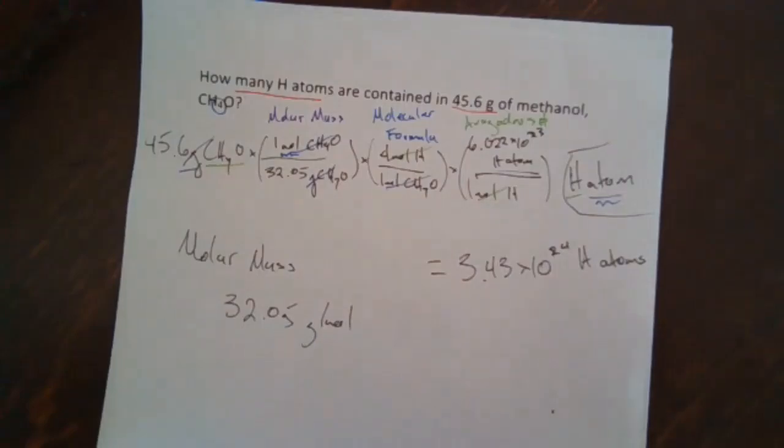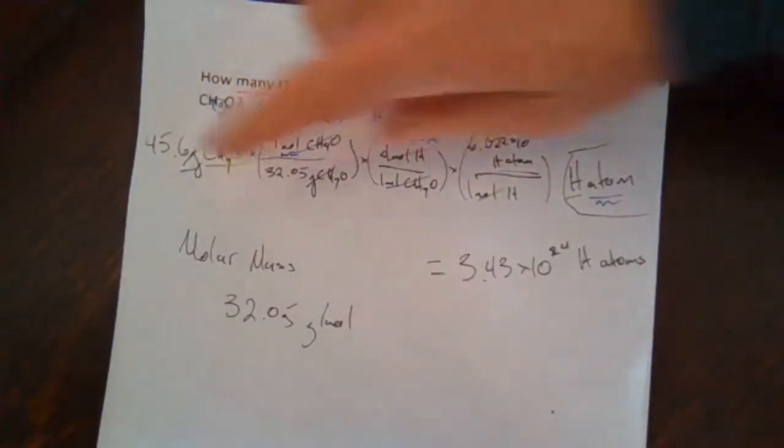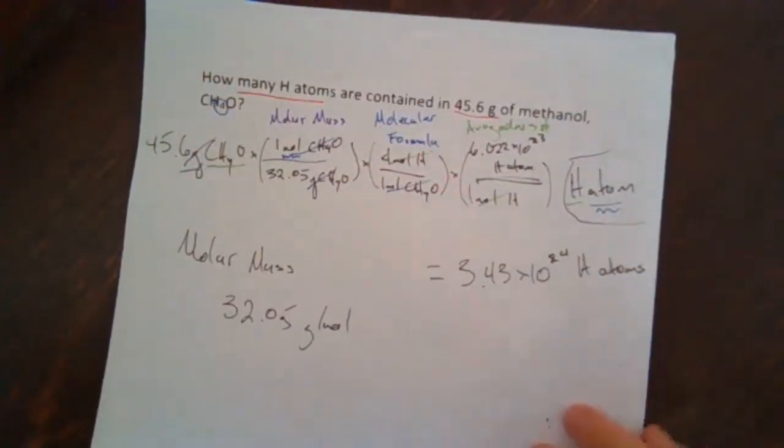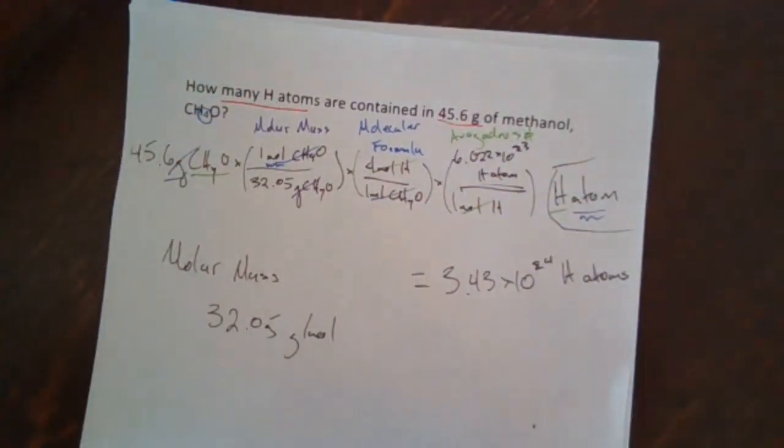And we end up with just a number of hydrogen atoms in the end. So 45.6 grams CH4O has 3.43 times 10 to the 24th hydrogen atoms.